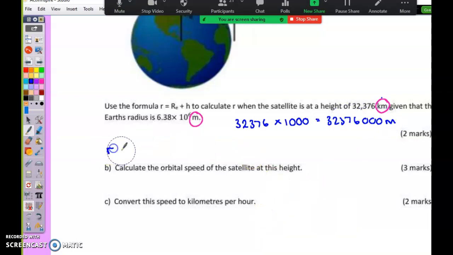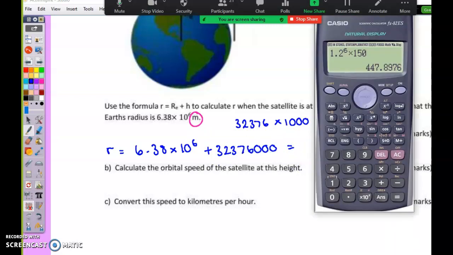Okay, so then to find r, I'm doing the radius plus the height. Now we're back to scientific notation this time, so this time it is the times 10 to the power of button.